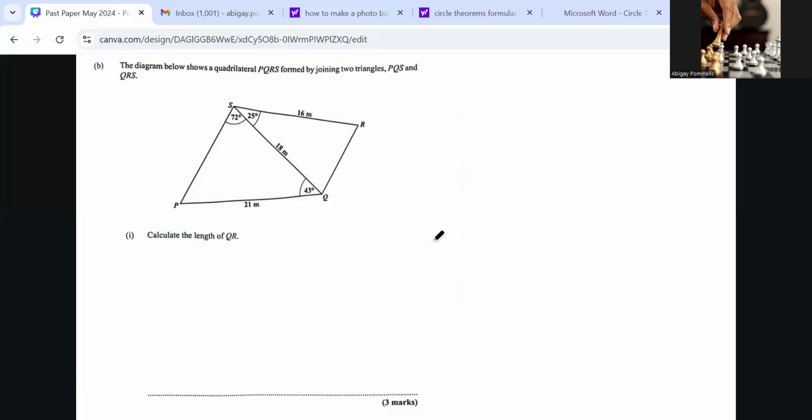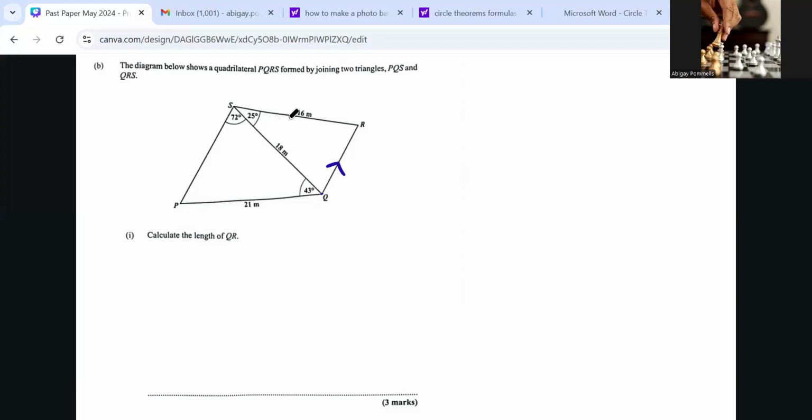The diagram below shows a quadrilateral PQRS formed by joining two triangles, PQS and QRS. Calculate the length of QR. So this is right here. It says it's formed of two triangles.